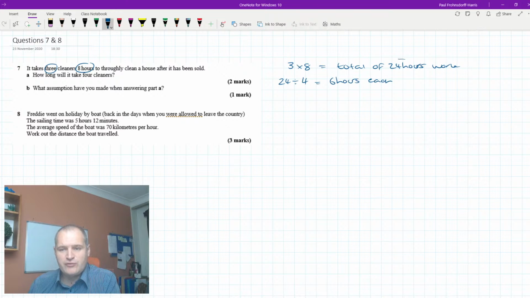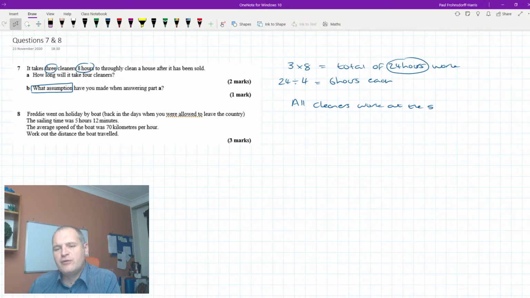Because we've got a total of 24 hours work to do, and we've now got 4 people to share it amongst. However, this only works if we assume that all cleaners work at the same speed.